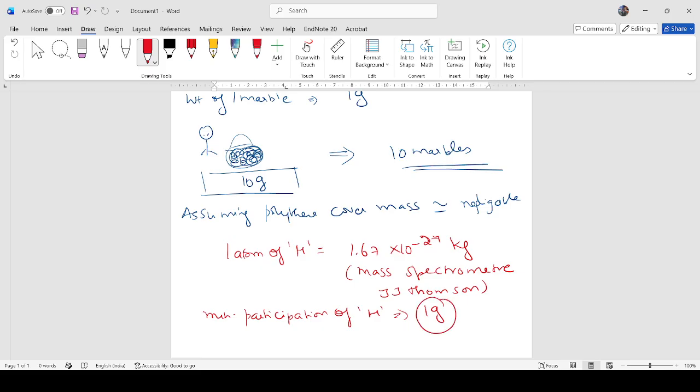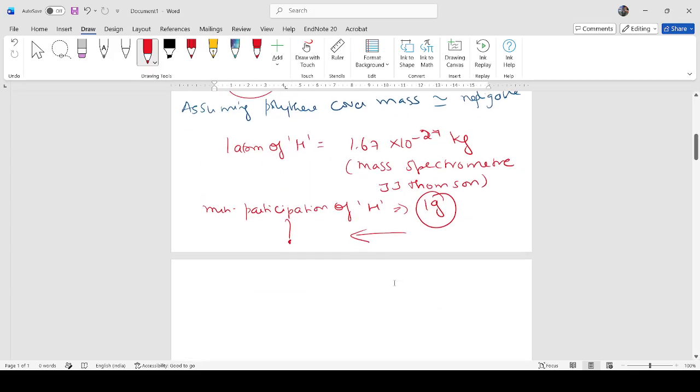So one atom of hydrogen is 1.67 into 10 power minus 27 kg. If I have 1 gram of hydrogen, can't I calculate how many atoms are present in it? Just like your marble case. Yes, ma'am. One marble is 1 gram, and I'm having 10 grams totally here. You said 10 marbles are present. Same logic here. The minimum value with which hydrogen is participating is 1 gram. So how much hydrogen should be present in it?